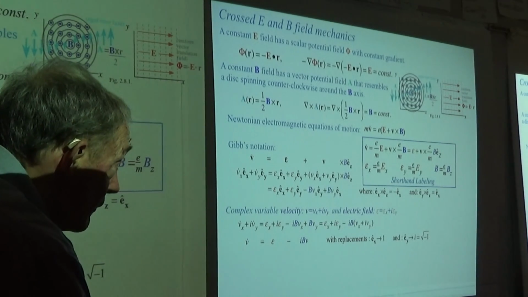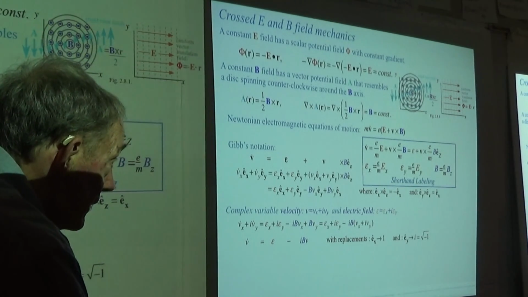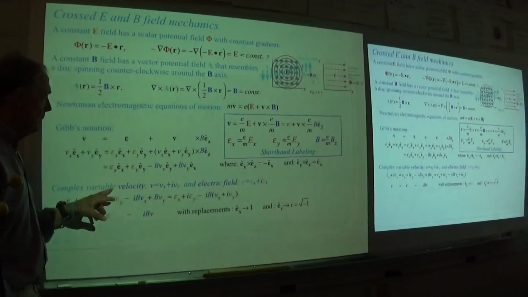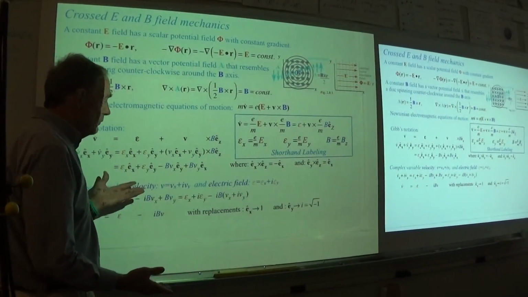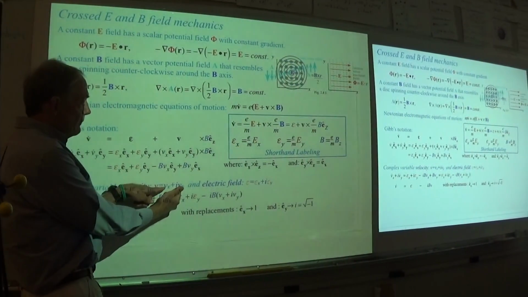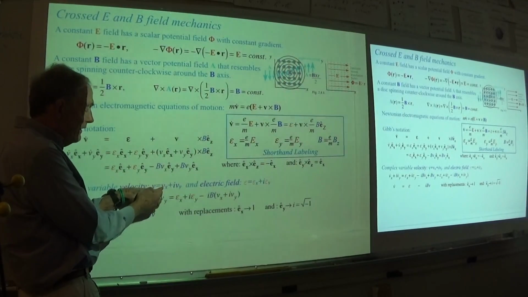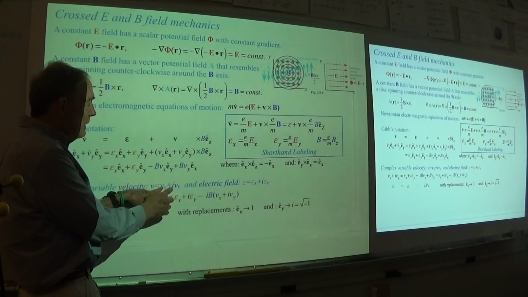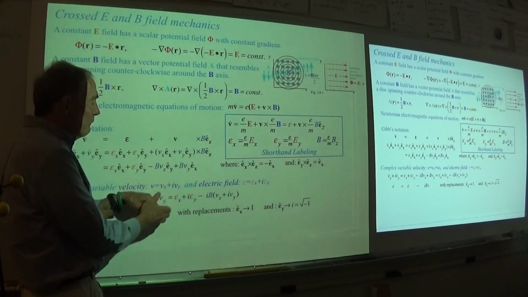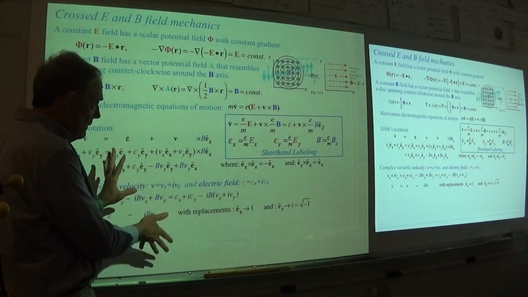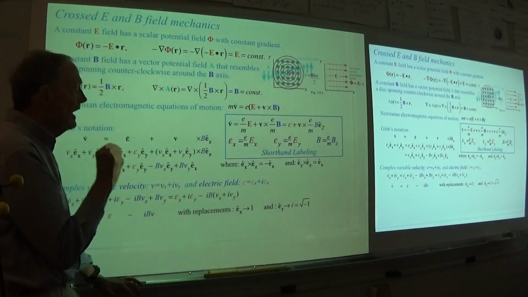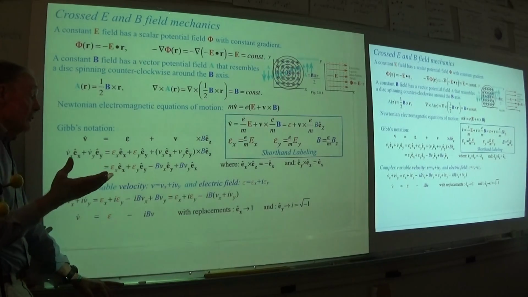So let's get all of the boards reading what we're after here. When I take a complex variable velocity, all I'm going to do is make it complex by putting just one as a component in front of this x component, and then an i in front of the y component. So I'm going to be writing each of my two-component things as a single number, which is a two-component thing.